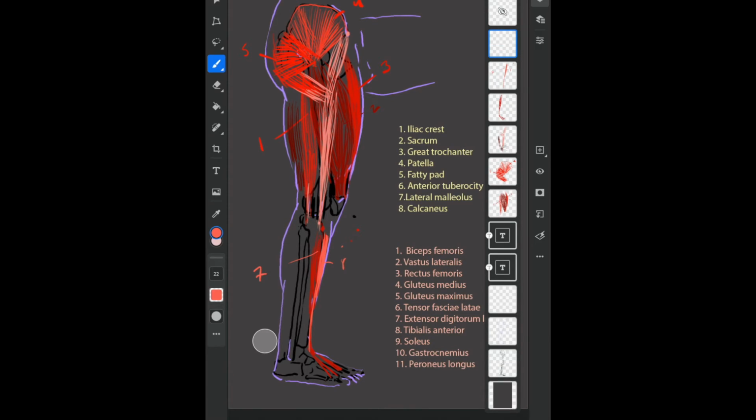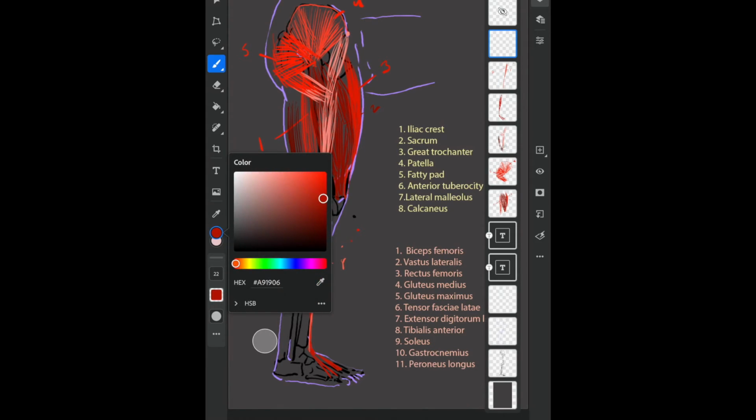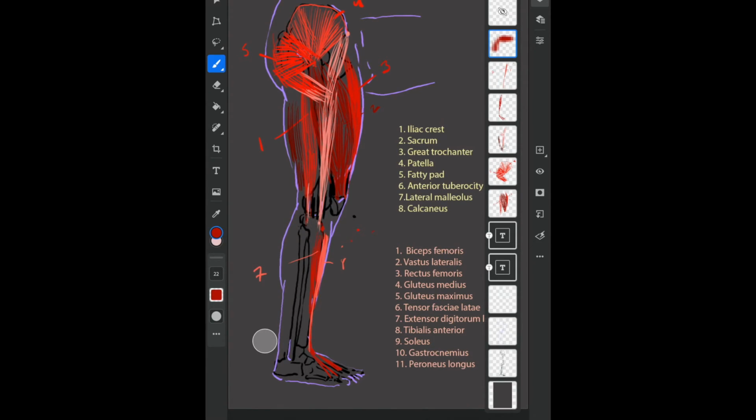Then on the other side, we have our soleus muscle and our gastrocnemius muscle. So our soleus starts at the lateral condyle of the tibia and runs all the way along the length of the tibia, this way. That's our soleus muscle.